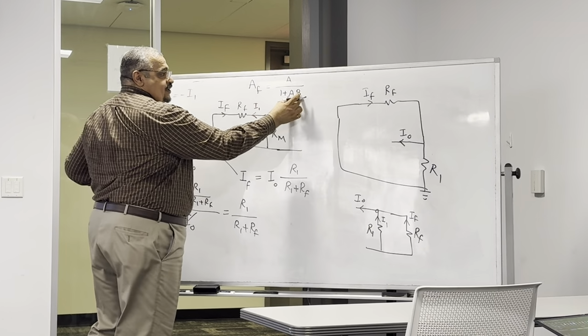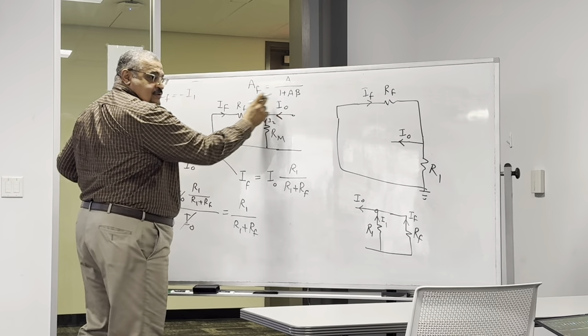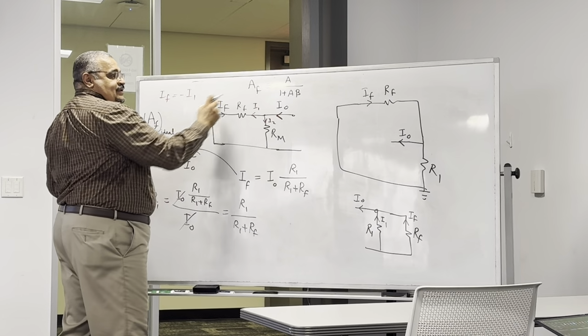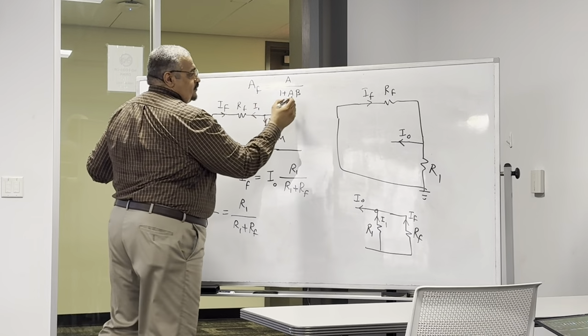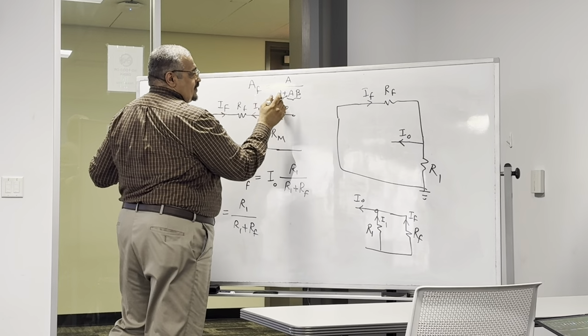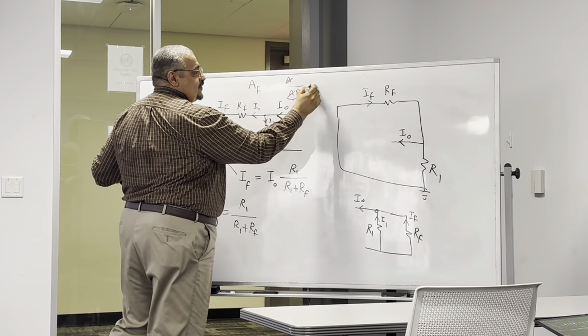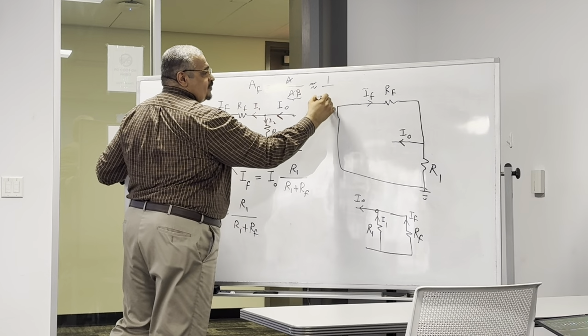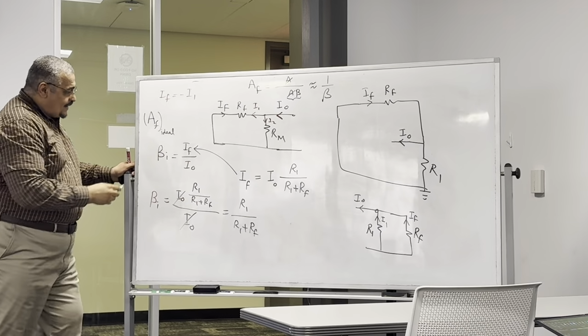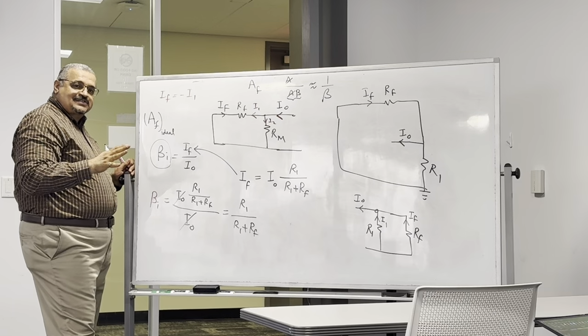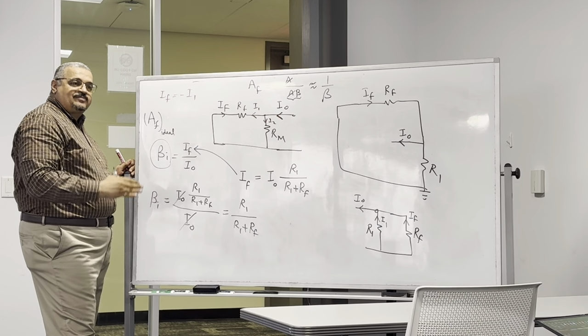If this becomes very large compared to 1, you're going to cancel the 1, and then cancel this, and this becomes 1 over beta. So beta is going to give you a rough estimate on the ideal feedback gain.